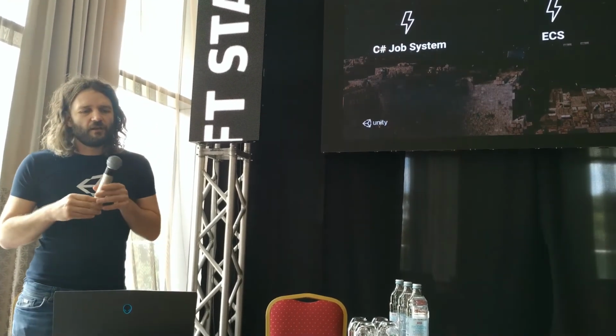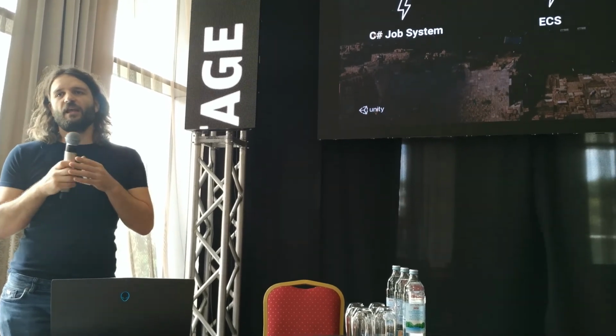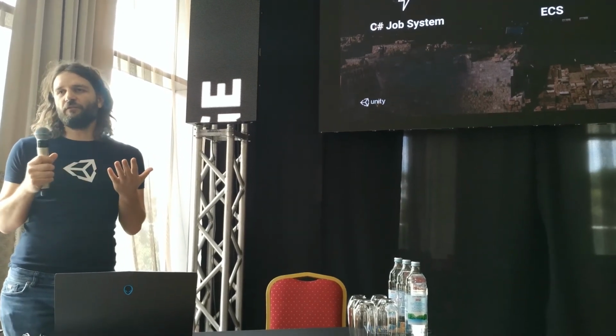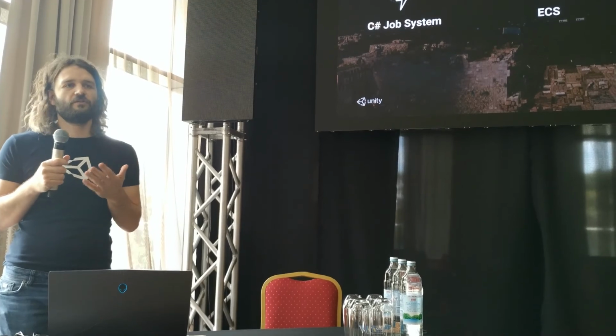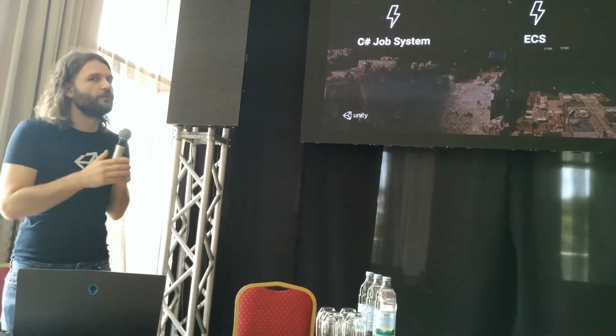Because at the end of the day, if we want to get to a new level of performance, it has to be easy to do. If it's difficult to write multi-threaded code, few people will do it. And that's the point of performance by default. We want to make it easy.